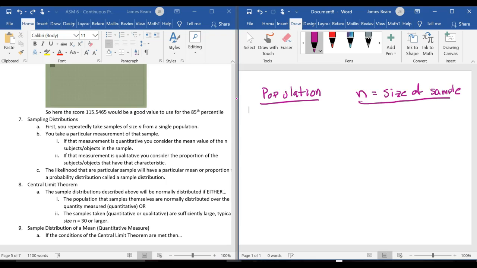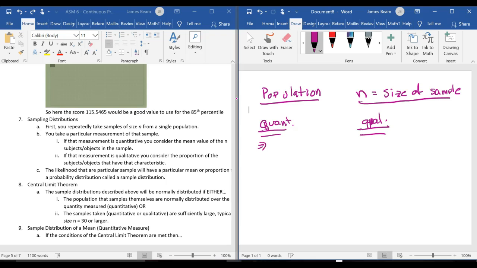Now, I'm going to measure that sample, and I'm either going to take a quantitative measure or I'm going to take a qualitative measure. Okay. Quantitative is going to yield a number. Qualitative is going to yield something non-numeric, right?